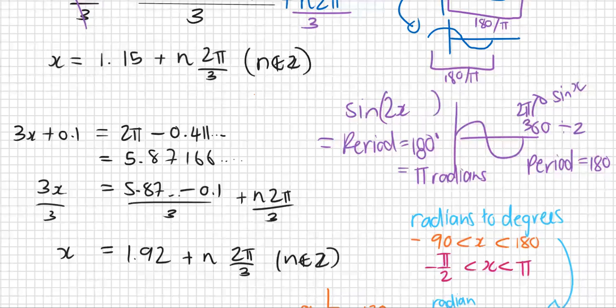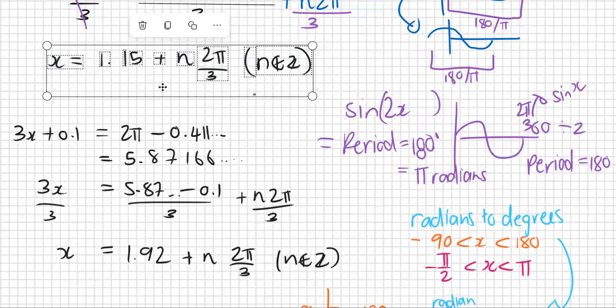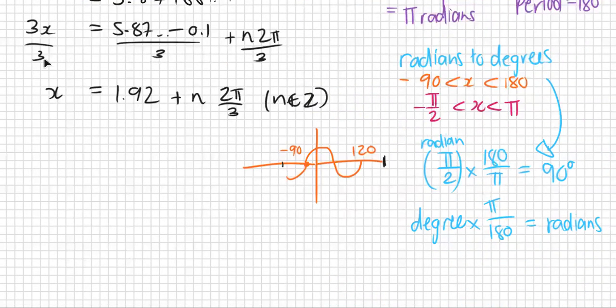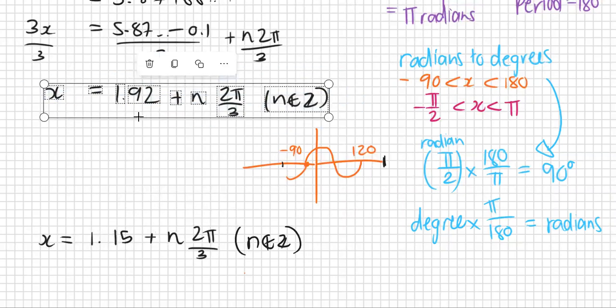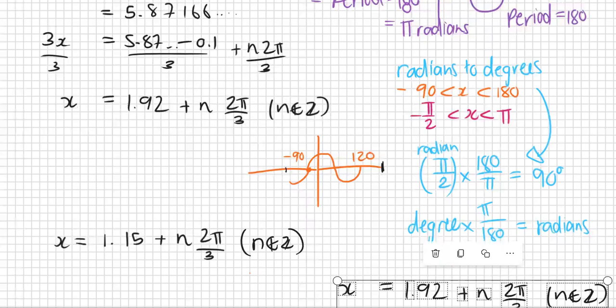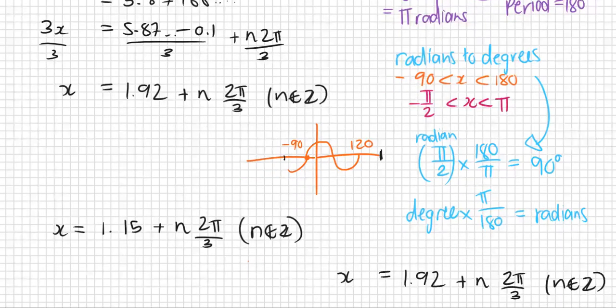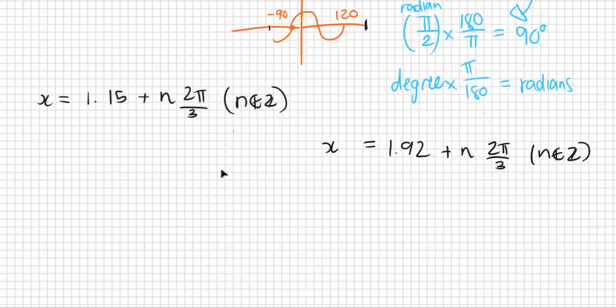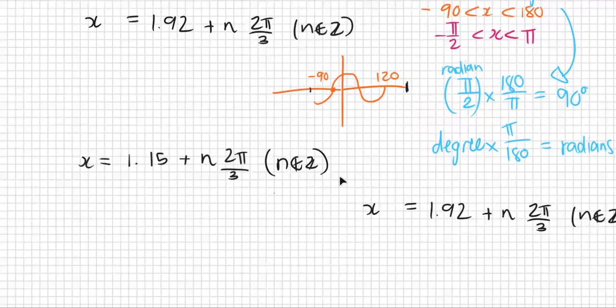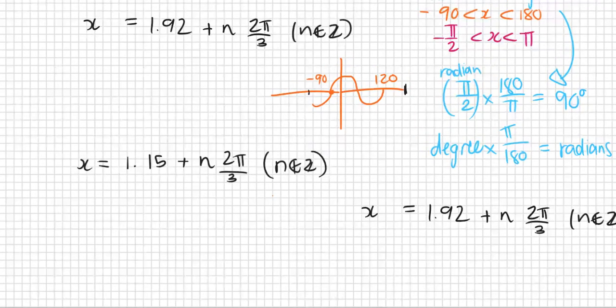So we had X here. This is our full option if we had no restriction. And then our other full option if we had no restrictions. So these are our non-restricted options. And remember, our restriction is minus 90 to 180.